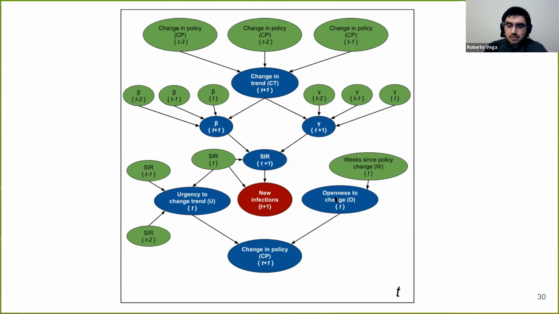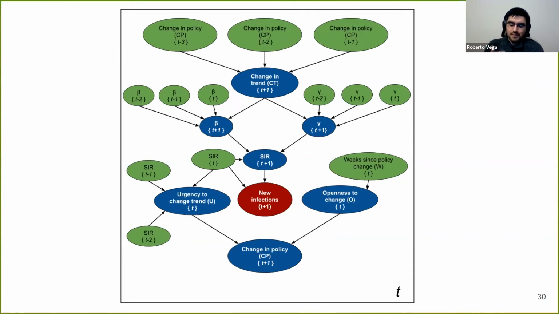The first one is how open is the government to make a change. And then we also make the assumption that this depends on when was the last time that you made a change. For example, if you make a change this week, it is very unlikely that you will be willing to make a second big change the next week. Why? Well, you have to wait at least 2 weeks to see the effect.